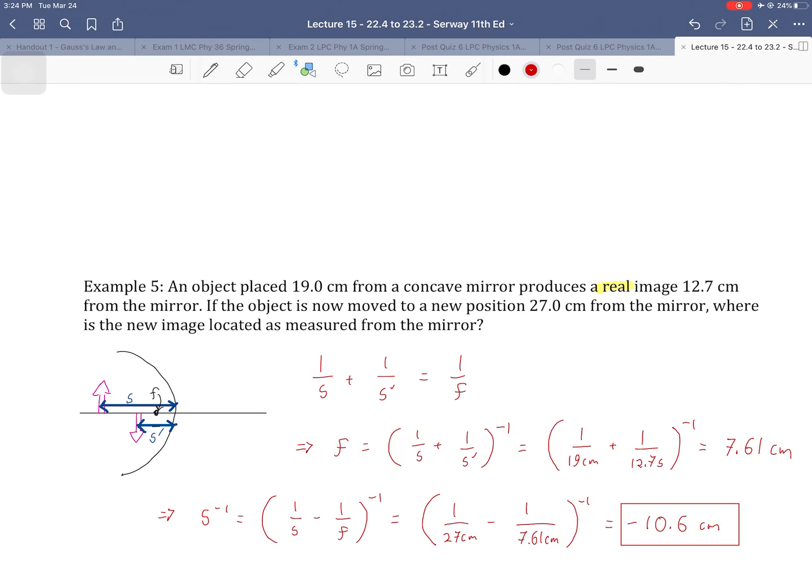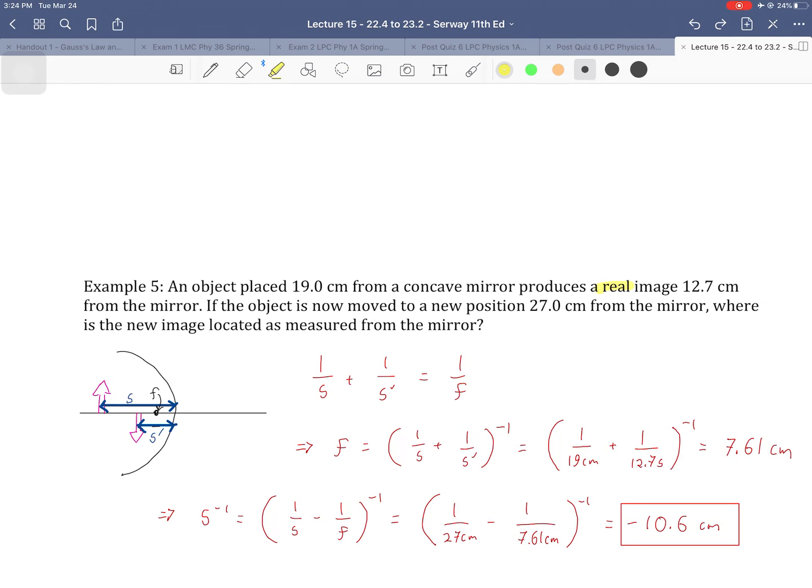Would that really work? Numerically it makes sense, because 1 over 27 is a smaller number, with a bigger denominator, so it makes sense that this would give us a value.